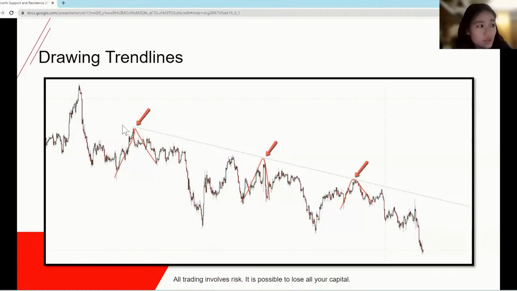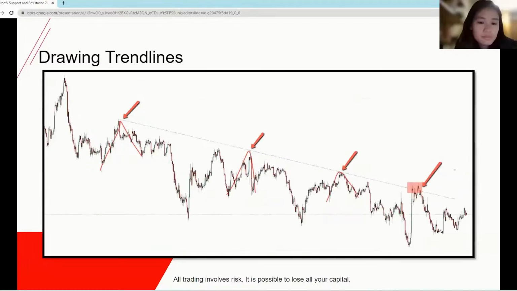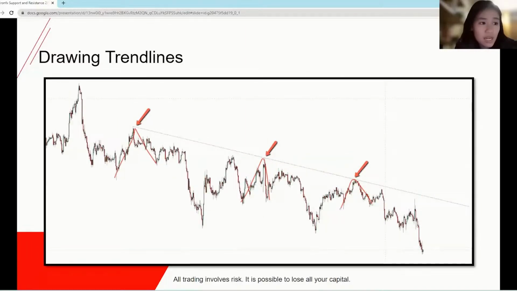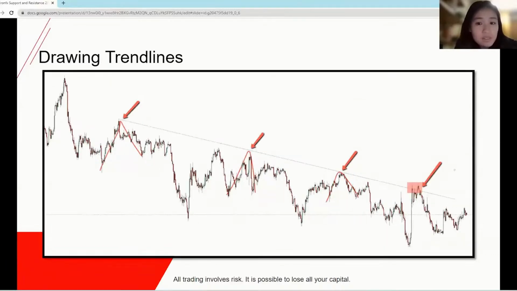Okay, so take note of how significant or how clear these structures should be, these swing highs. Okay, and then in this example, which is the aftermath of this chart, so when you're looking out for a breakout, for example, we're looking at least 3 significant touches for it to be considered a valid trend line.